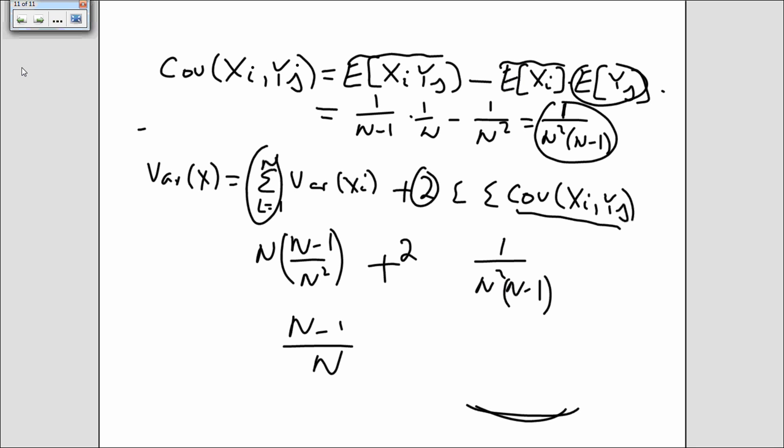But what about this double summation, where i is less than j? What is that going to equal? Well, from the n, we want to choose 2, one for i and one for j. This piece here is going to be n factorial on the top, and on the bottom you'll have 2 factorial, which is a 2 that will cancel out with that one, and then n minus 2 factorial, times this mess.